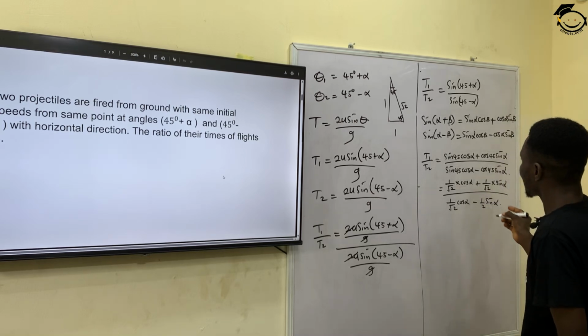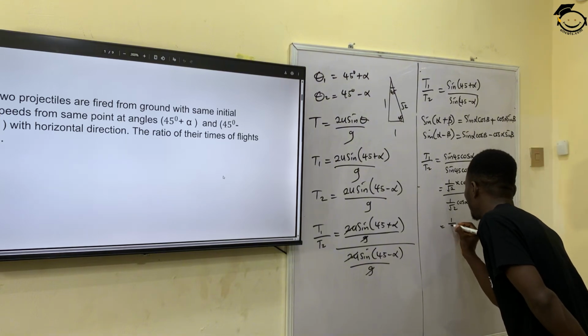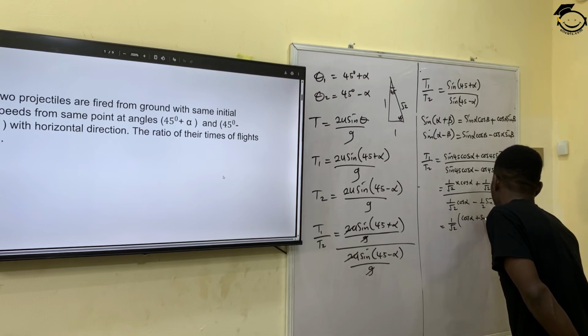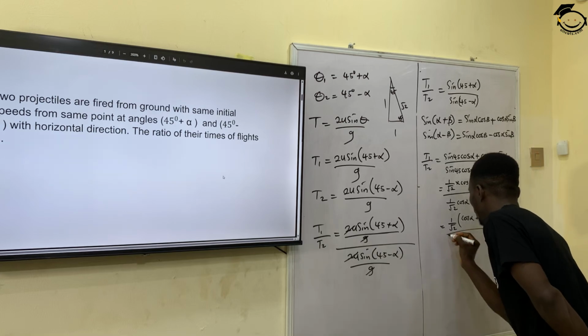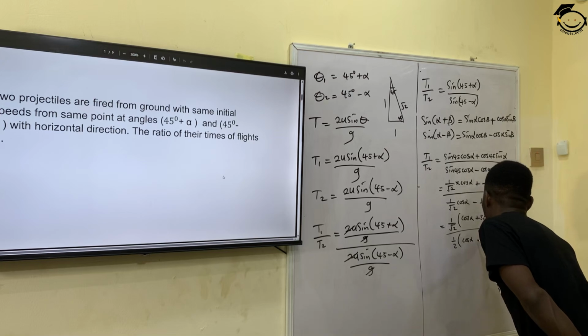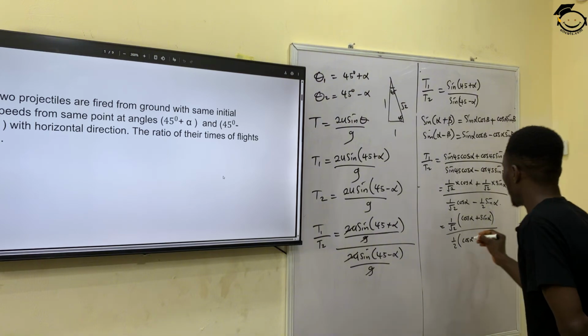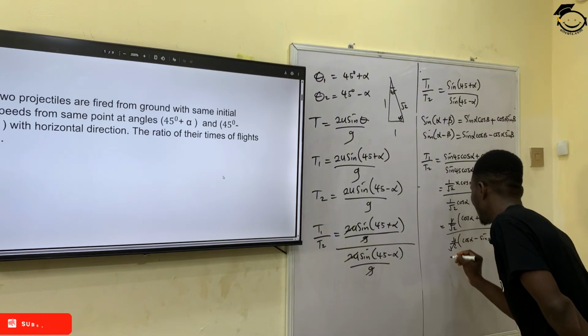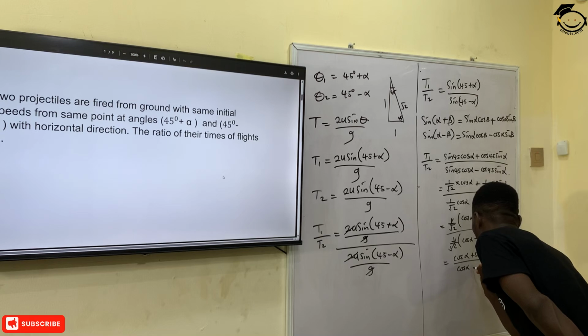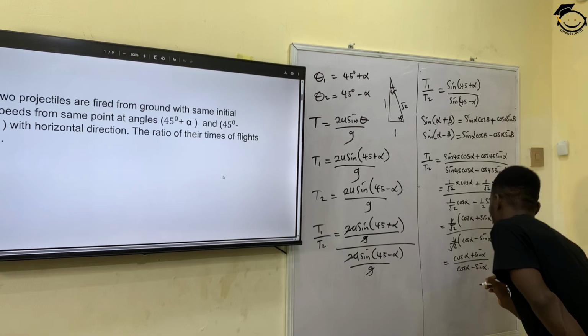If I factorize out what they have in common, I have 1 over root 2 in bracket cos alpha plus sine alpha, over 1 over root 2 in bracket cos alpha minus sine alpha. So 1 over root 2 will cancel out 1 over root 2. It means I have cos alpha plus sine alpha over cos alpha minus sine alpha.